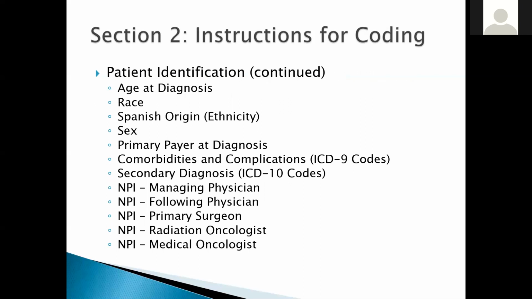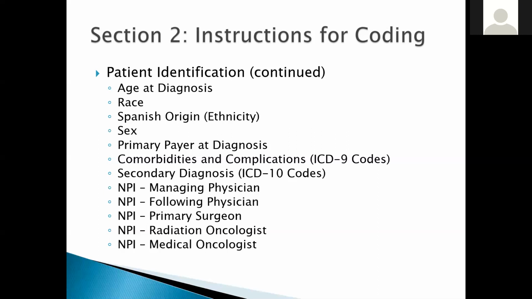Something to note. The comorbidities and complications were the data items where we collected the ICD-9 diagnosis codes that were recorded in the medical record. Now facilities are using ICD-10 codes. So as I stated earlier, we need to make sure that we go to the secondary diagnosis pages in the STORE manual to follow the correct coding instructions.